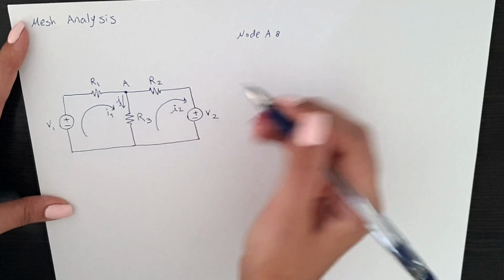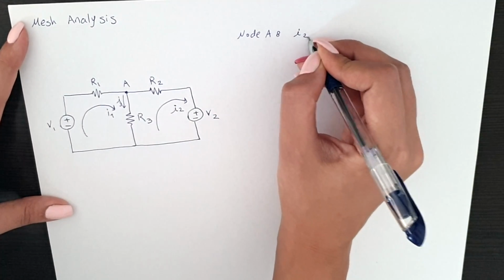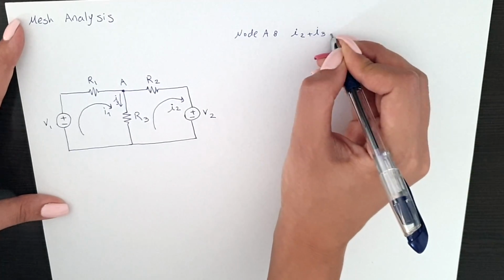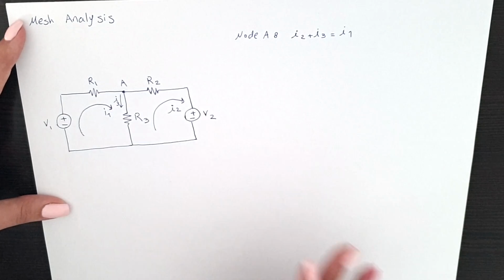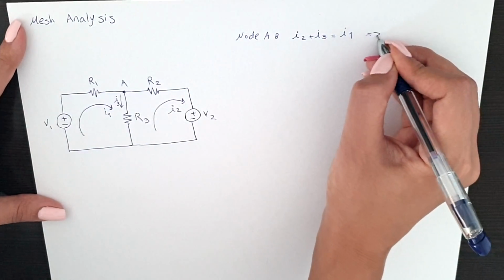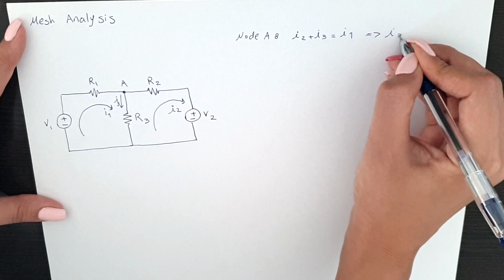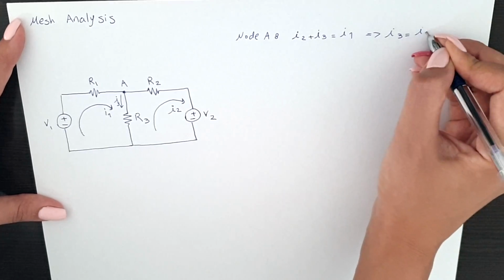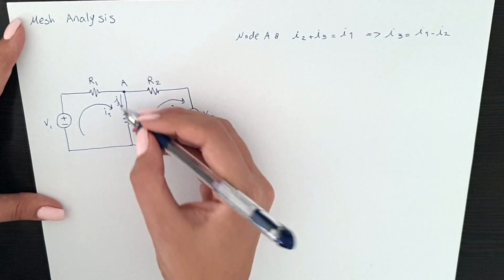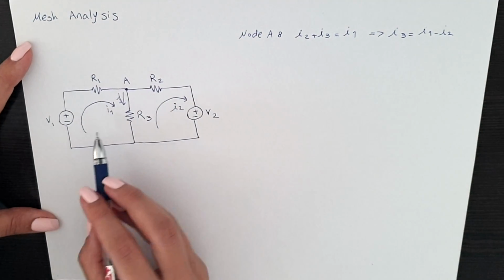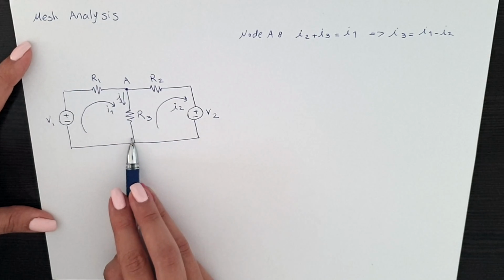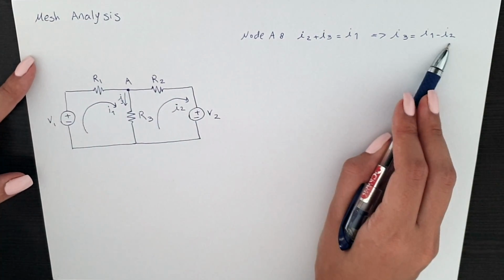Here, I2 and I3 are coming out of node A, and I1 is going into it. So I2 plus I3 is equal to I1. If we want to find I3 alone, I3 would be I1 minus I2 if it's in this direction. For example, if we're going through this loop, it's in this direction, so it's I1 minus I2.